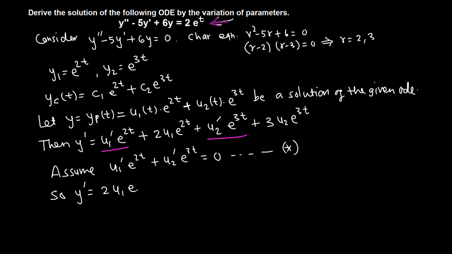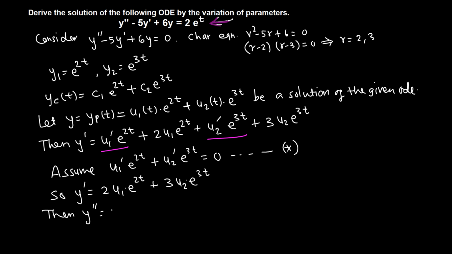Then when we assume this, y prime becomes 2u1 e2t plus 3u2 e raised to 3t. That's y prime. Now we find the second derivative. We have to use product rules again in two terms.